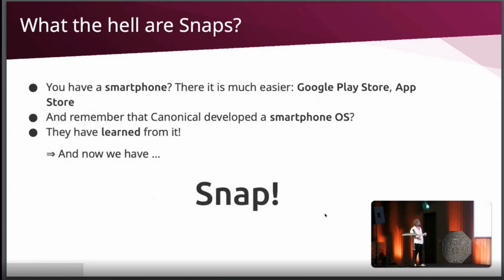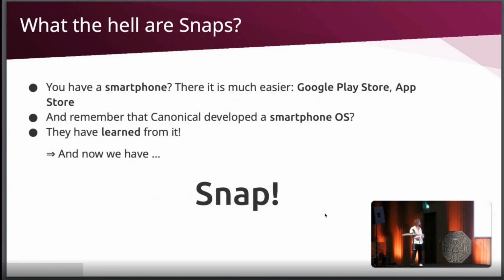And every one of you has a smartphone, and that's much easier. You have the Google Play Store or the Apple App Store, and there you have tons of applications which you can install. You do not know what is newer or older, your phone's operating system or the application, but you can just install them.